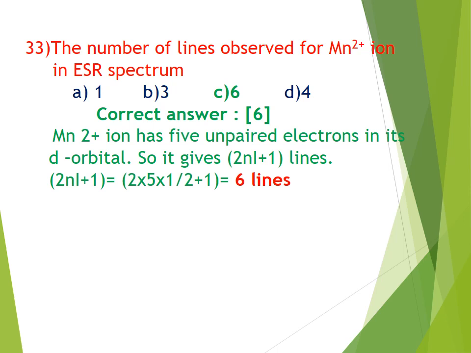Generally, the simple formula used to calculate the number of lines is 2nI plus 1, where n is the number of nuclei and I is the nuclear spin. We substitute the values: 2 into 5 by 2 plus 1, that will be equal to 6 lines. Therefore, the correct answer is C.